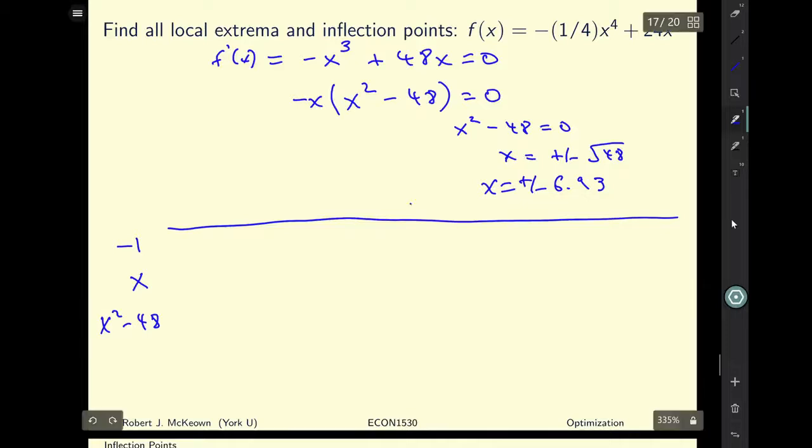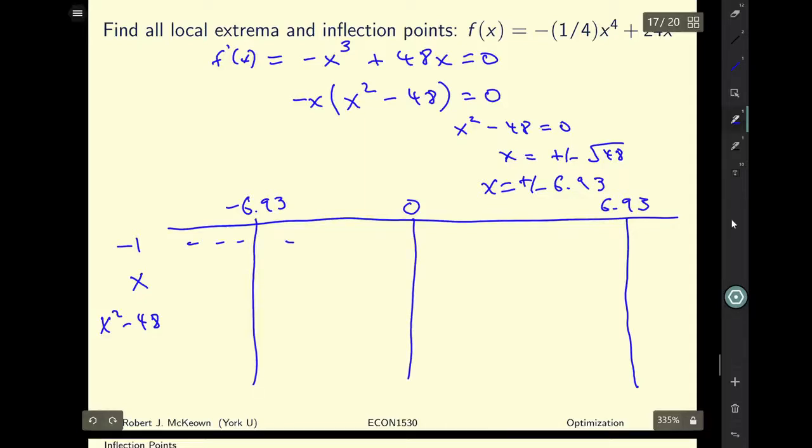I know that 0 is an important number, negative 6.93, and positive 6.93. These are the things that I want to evaluate. Negative 1 is always negative. X less than 0, well, that's going to be negative for sure, and then positive if it's above 0.